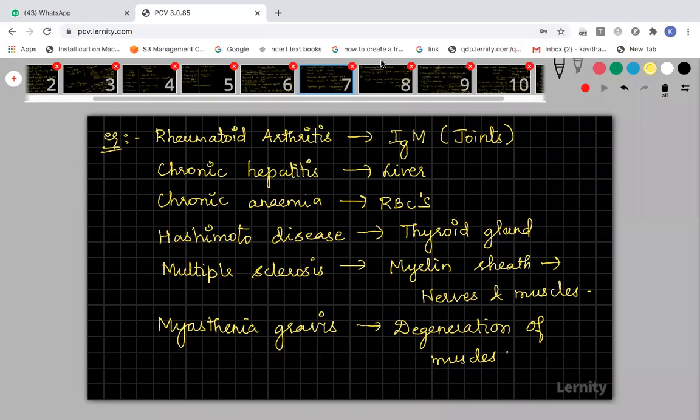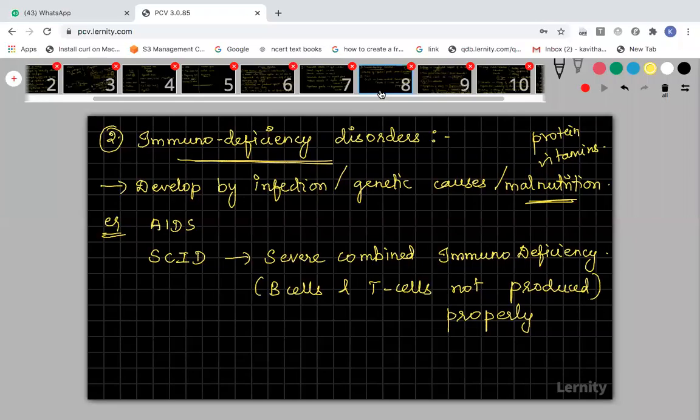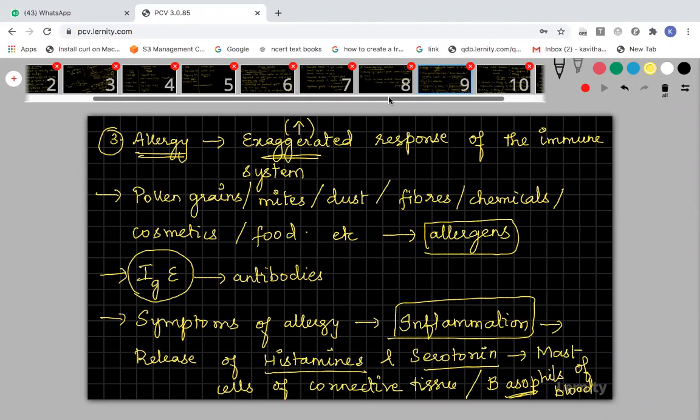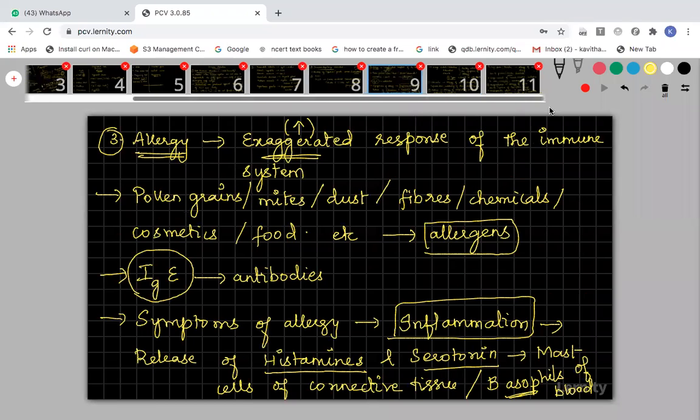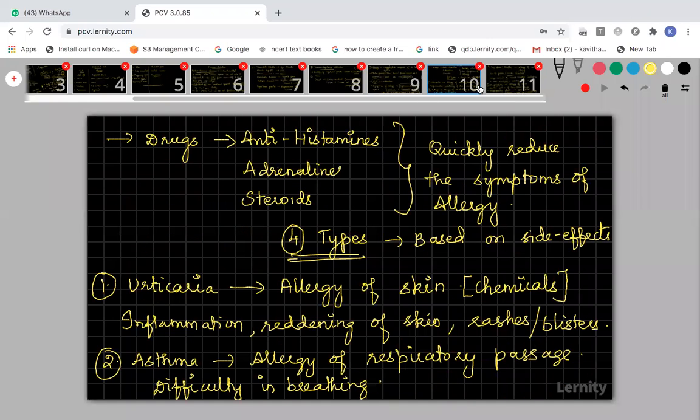And you have to read all the autoimmune disorders that were in your human physiology unit. Eighth one. Ninth one. 10th one. 11th.